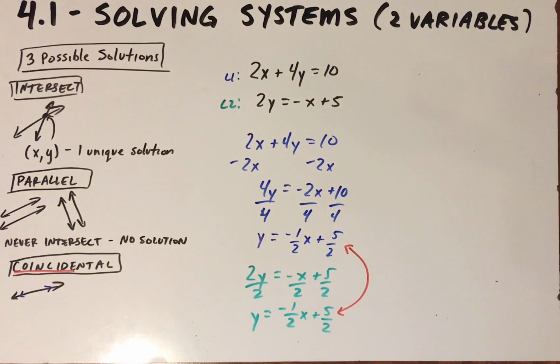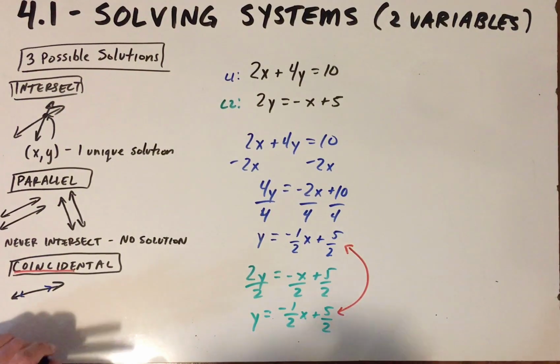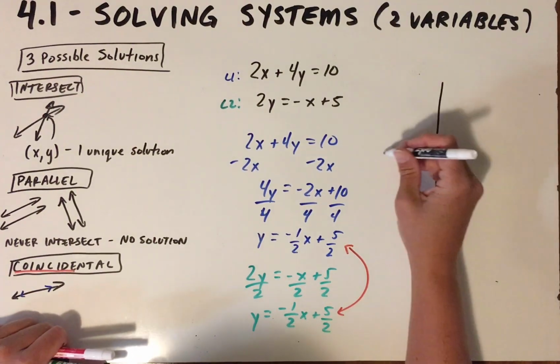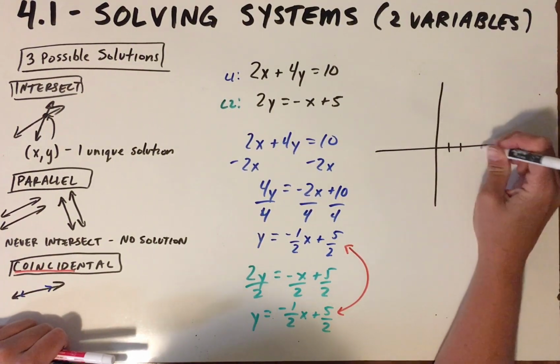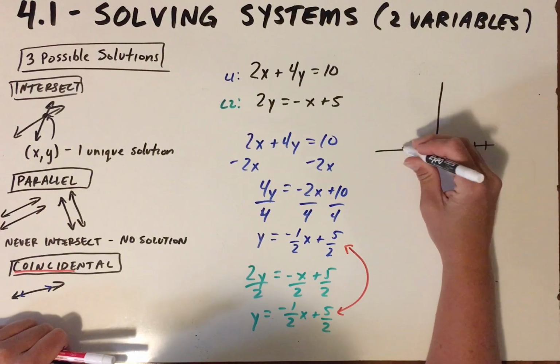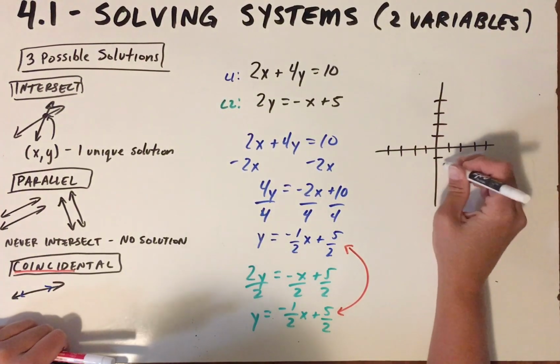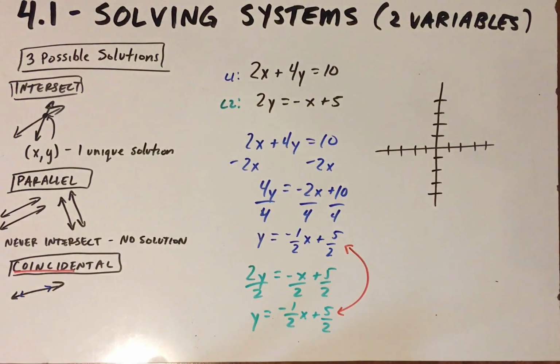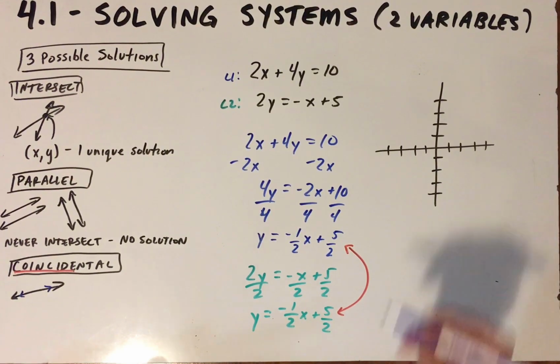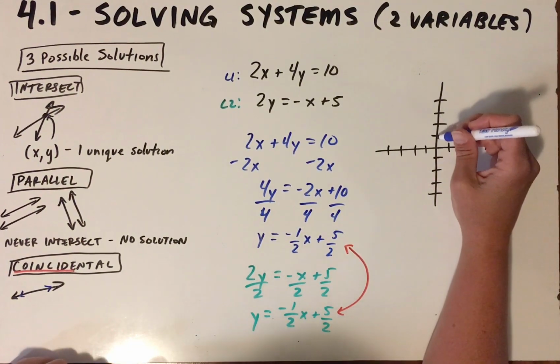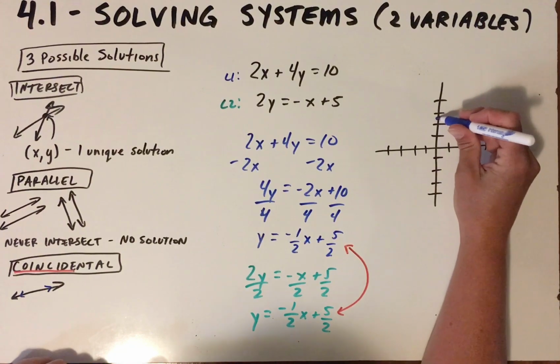Okay, so if I were to graph line 1, my y-intercept would be the point (0, 5/2). 5/2 is the same as 2.5, so I've got 1, 2, 3, 4, 5/2 here.